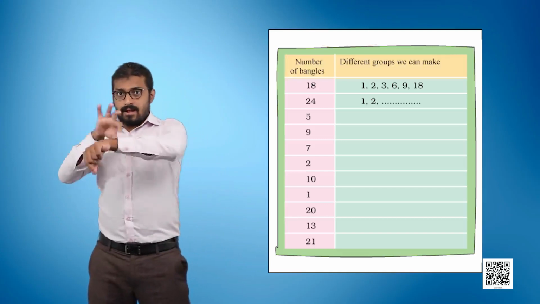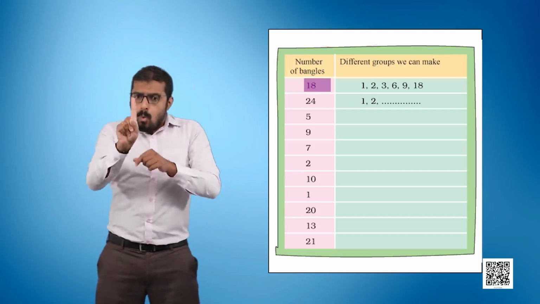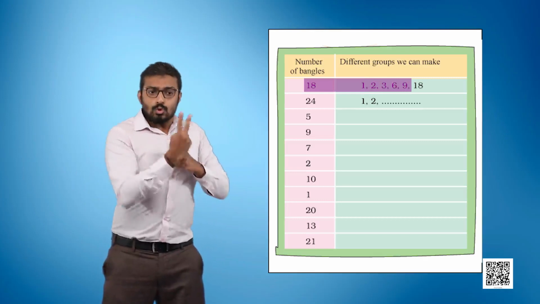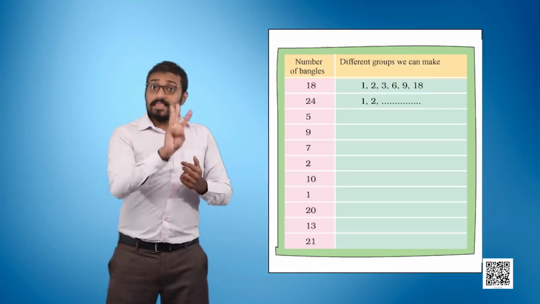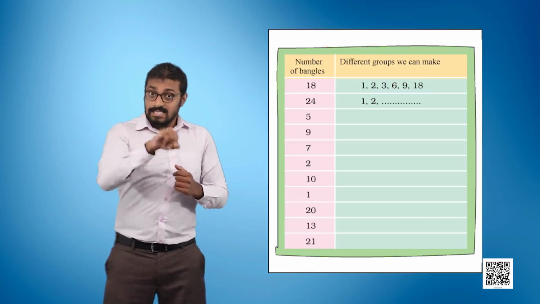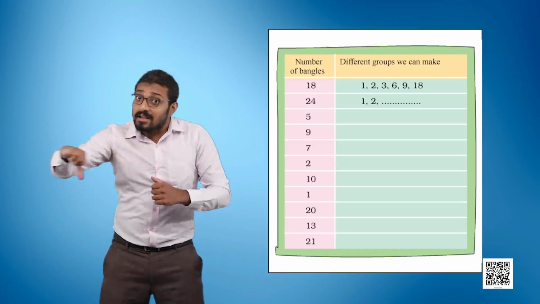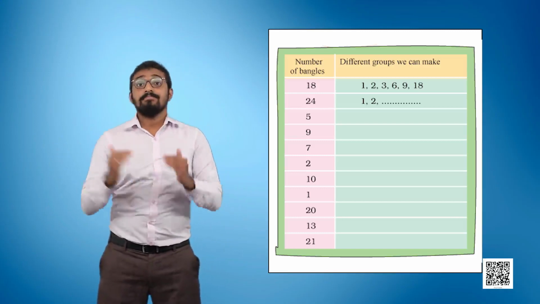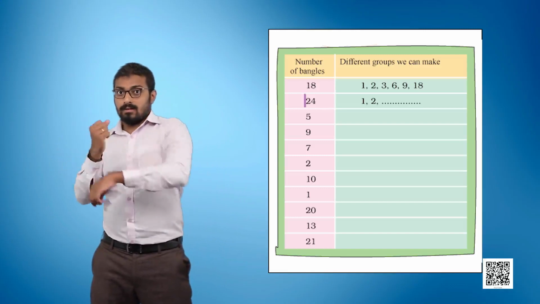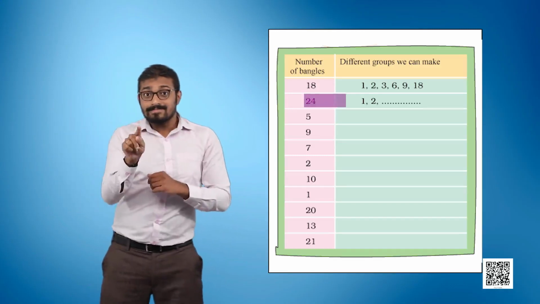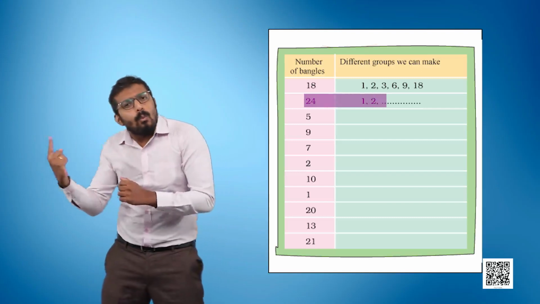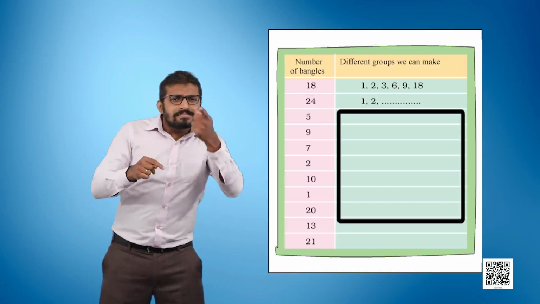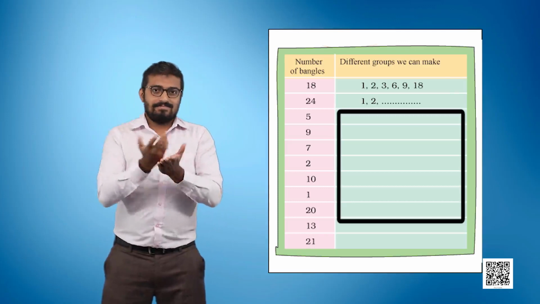For example, 18 can be put in different groups of 1, 2, 3, 6, 9, 18. The second number 24 and the different groups we can make: 1, 2, dash. Rest of the column 2 is empty for your answers.